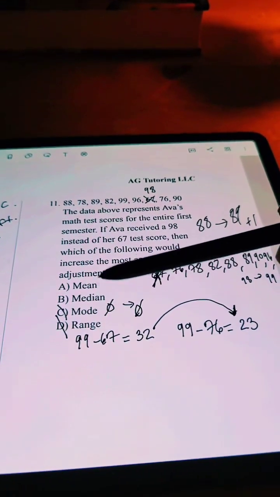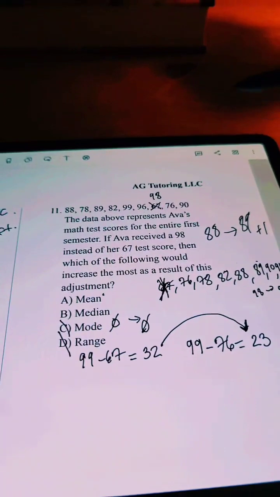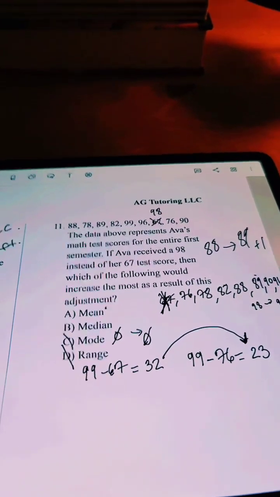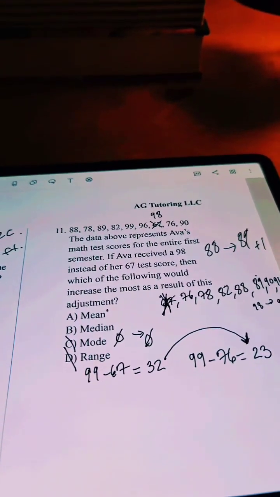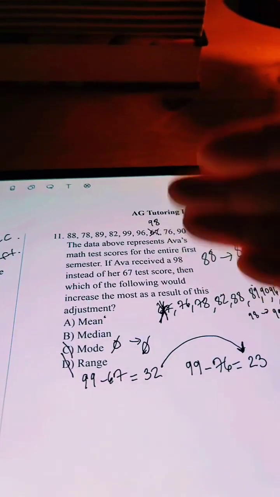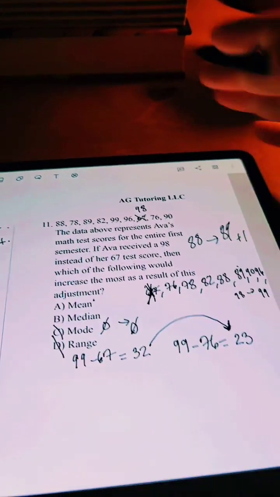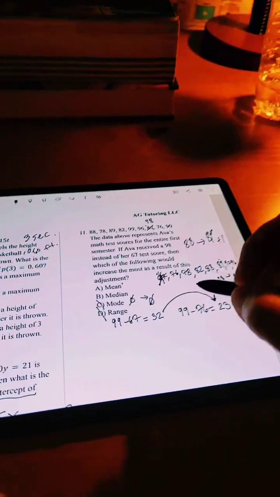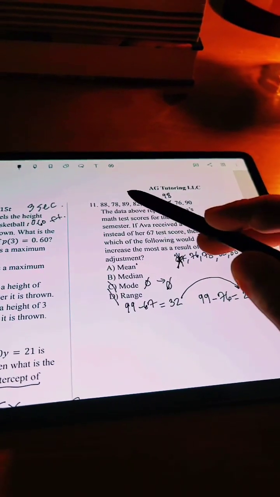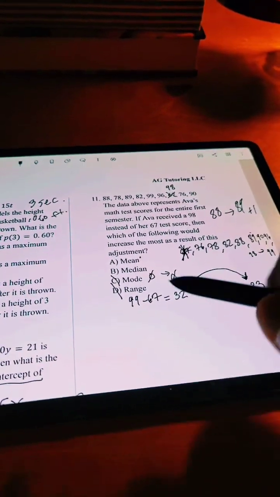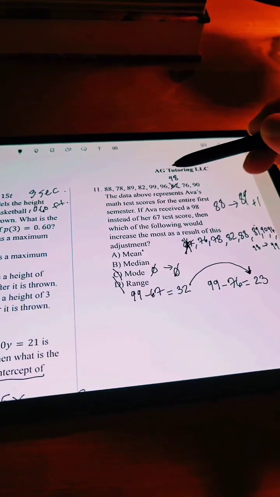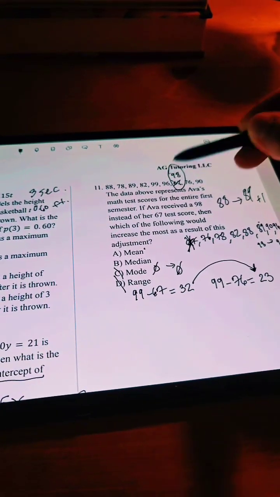Now, the mean is going to be what increases the most, and you could probably figure this out intuitively without doing the calculations, but I'm trying to show you how the calculations support that. The mean is adding up all the values. So let's add up all the values except for the ones that change.